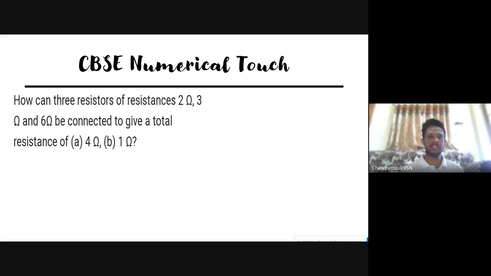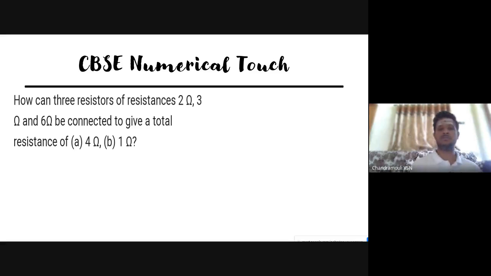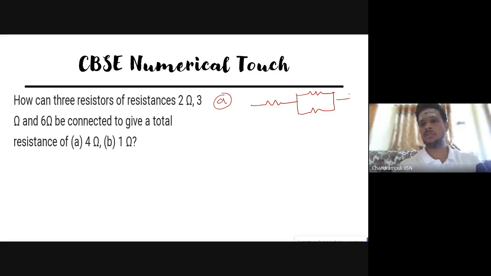Now this one. How can three resistors of 2 ohm, 3 ohm and 6 ohm be connected to give a total resistance of 4 ohm as well as 1 ohm? First we try to get 4 ohm. Suppose the 2 ohm is like this, and this is 3 ohms, this is 6 ohms.